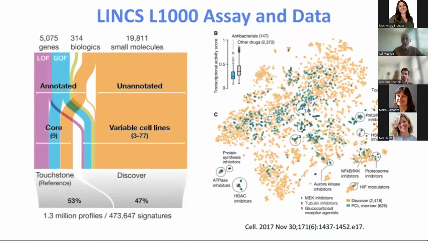So this was a massive expansion of the original data set, and now it's even larger. Almost all of the genes were knocked out with CRISPR, the small molecule collection reached 30,000, and the total number of samples that were profiled at the end of the program was 4 million.